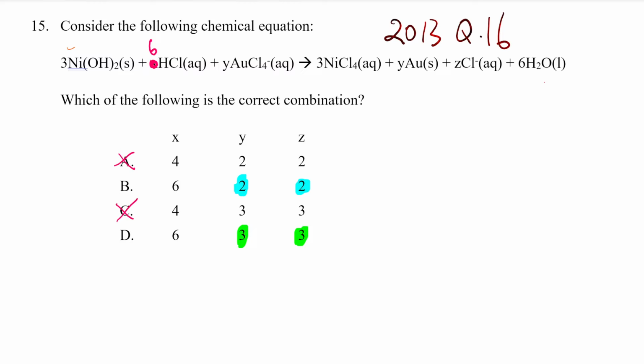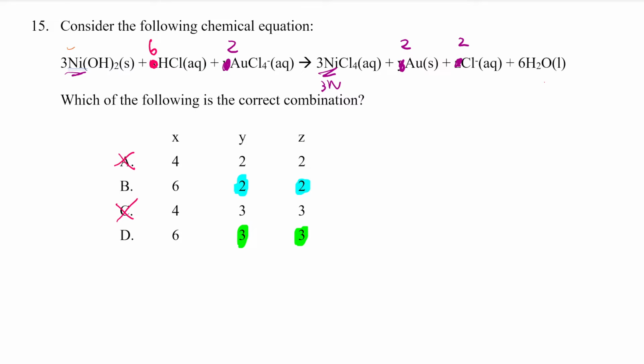Let's do the first one here, the 2 and 2. So assuming y is 2, let me rub this out. This is 2, and z will also be 2. Okay, and there's a hint I want to give you: I see a lot of people start to count nickel, to see if it's balanced or not.